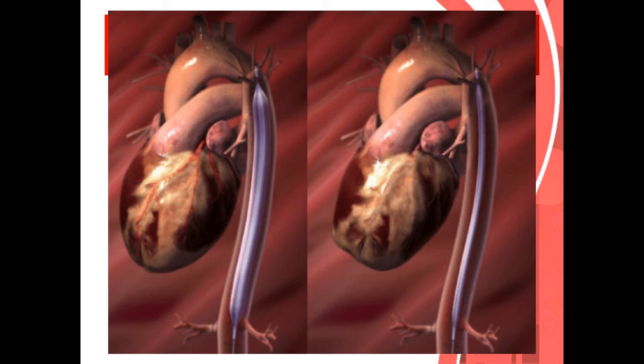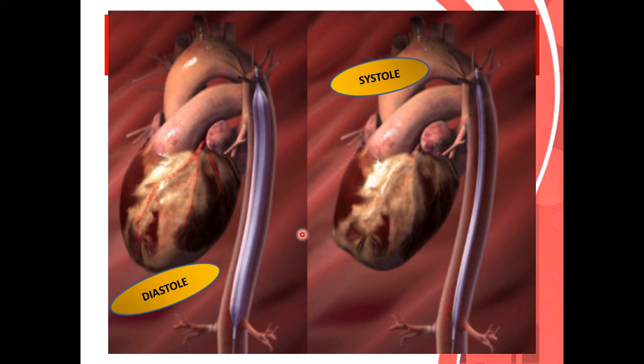In systole, during contraction, the balloon deflates and creates a negative pressure, and because of this negative pressure, blood is pulled out of the heart. In diastole, during relaxation, the balloon inflates and pushes the blood back.